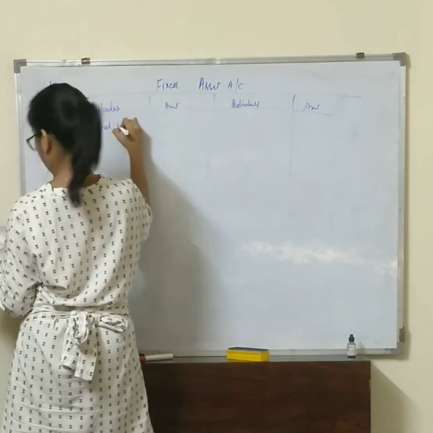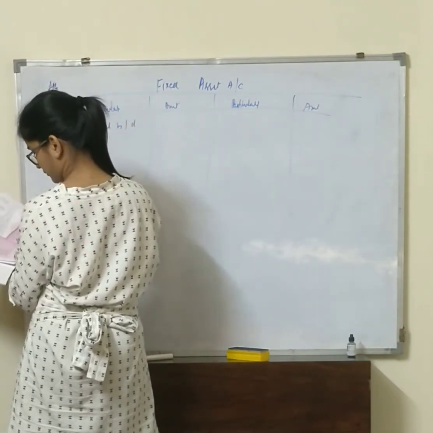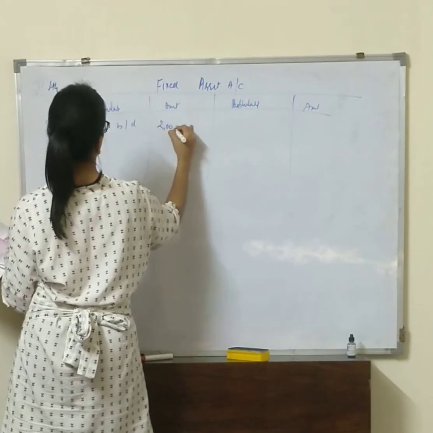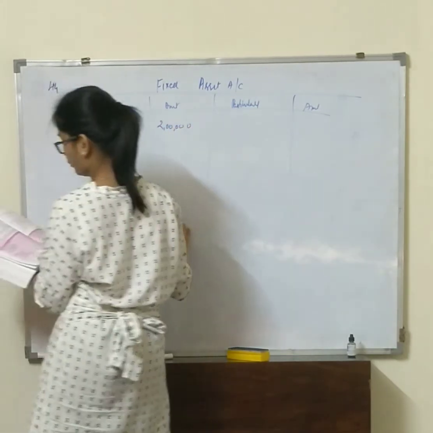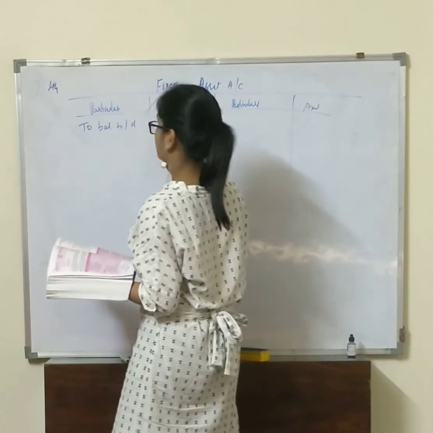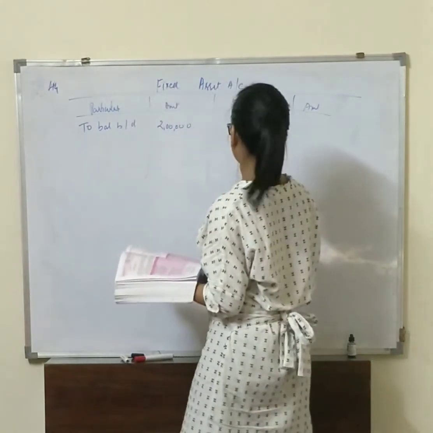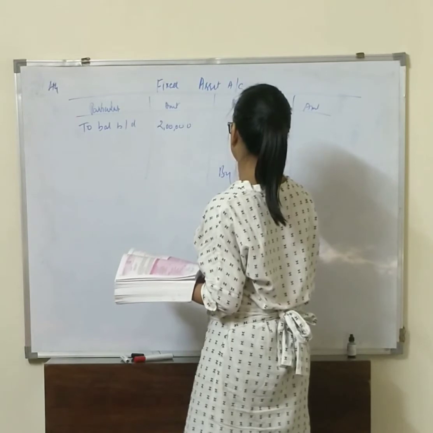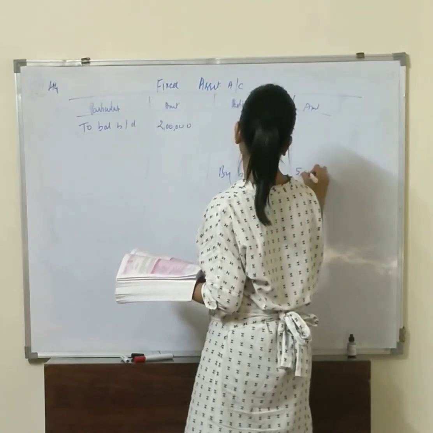To balance brought down. How much is it? 2 lakh. Go to note number 4. We have fixed asset 5 lakh and 2 lakh. So to balance brought down will be 2 lakh and by balance carried down will be 5 lakh.